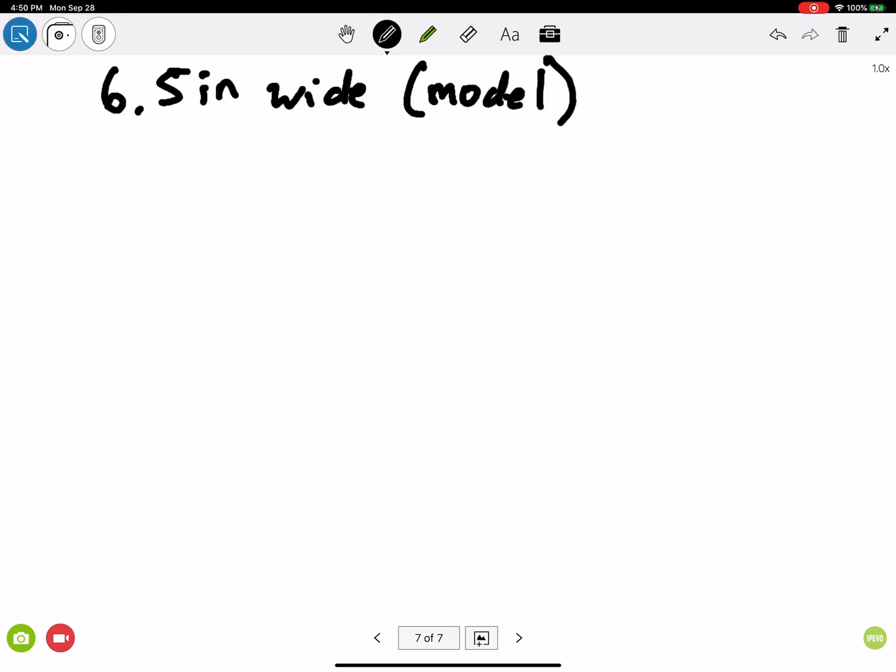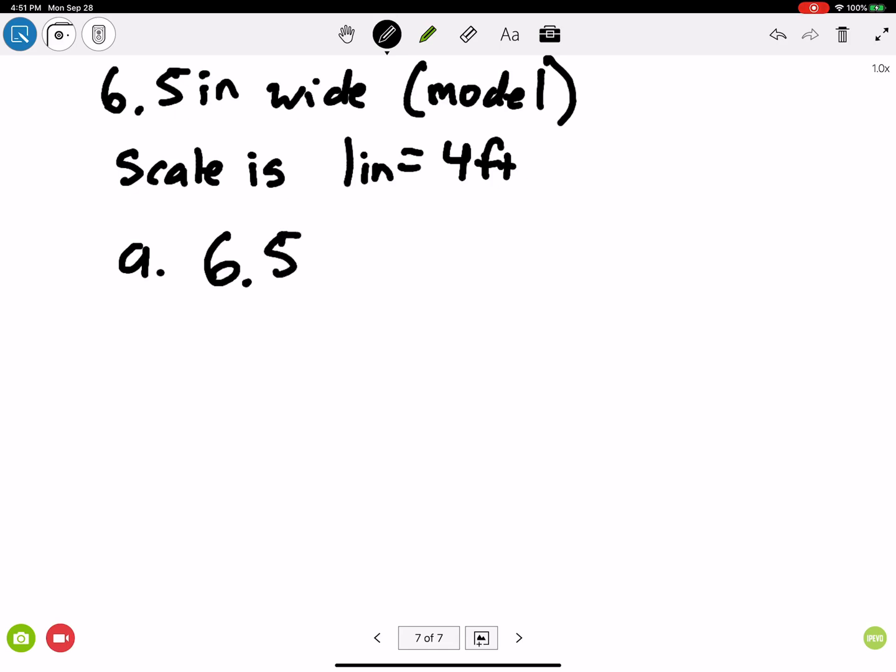Okay, we know that the scale is 1 inch equals 4 feet. So if we want to know how big the actual flower bed is, we're going to take what? Our 6.5 inch wide model and do what with it?